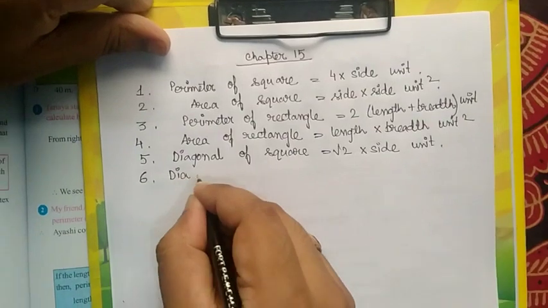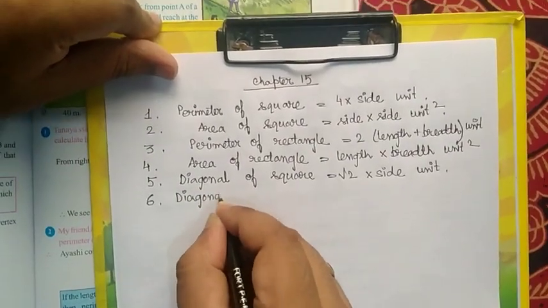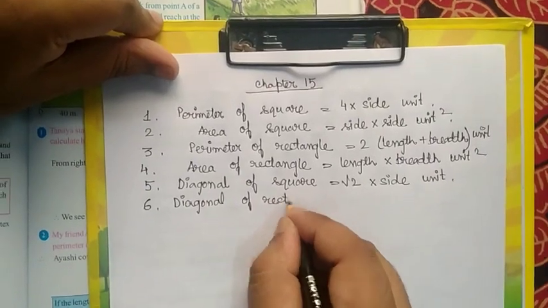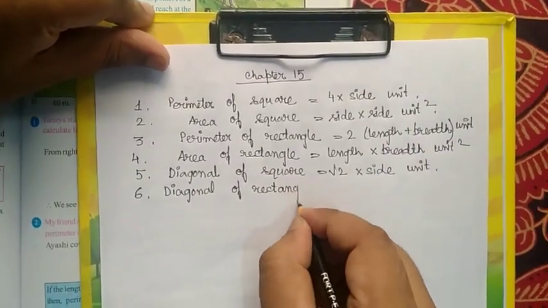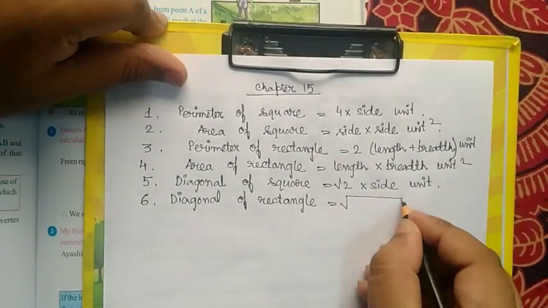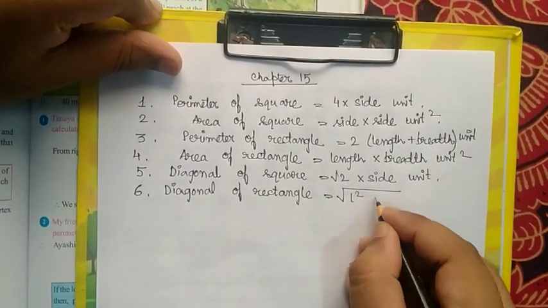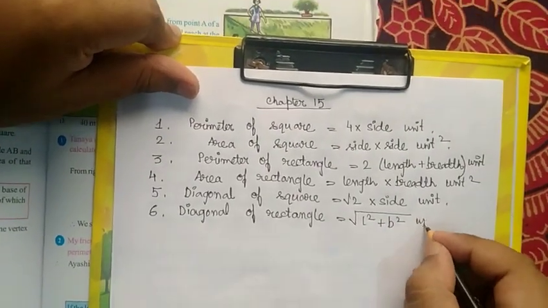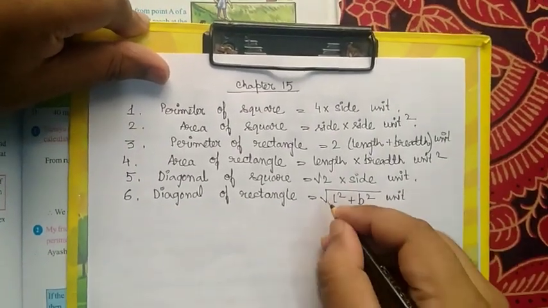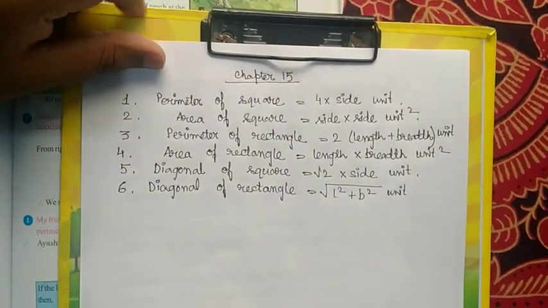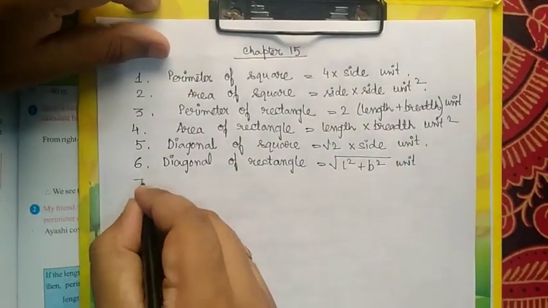Diagonal of rectangle should be root over L square plus B square unit, where L equal to length and B equal to breadth.